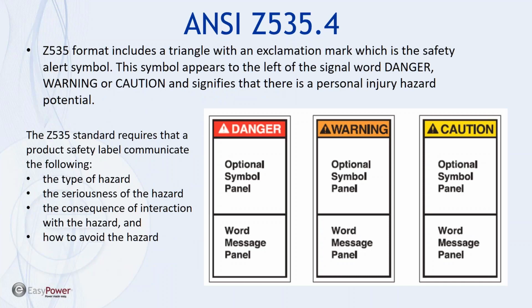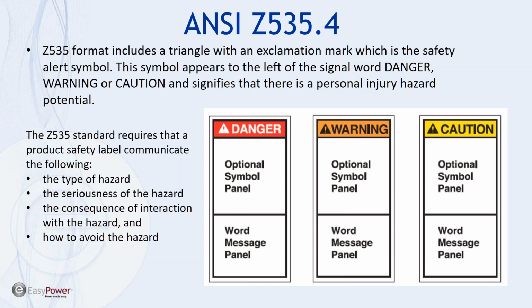ANSI Standard Z535.4 includes a fair amount of information regarding hazardous warning labels, and they tend to recommend three color schemes based upon the varying degree of the hazard, where caution is just mostly an informational tag that gives us additional information for anyone in the area.